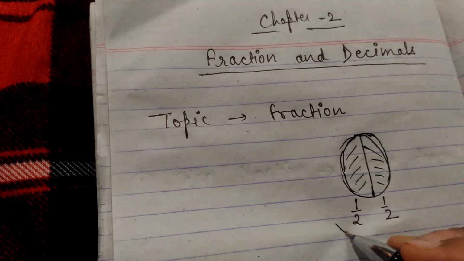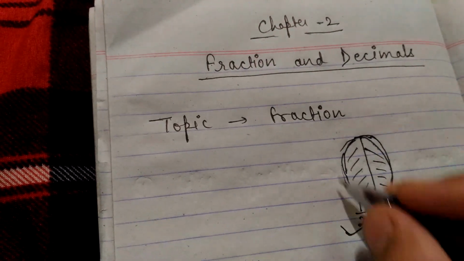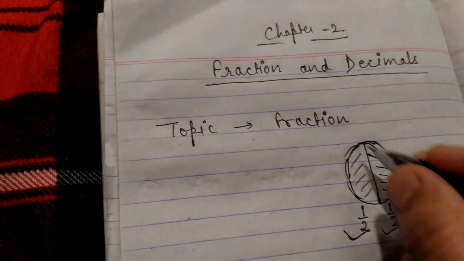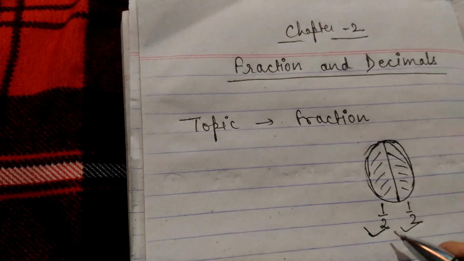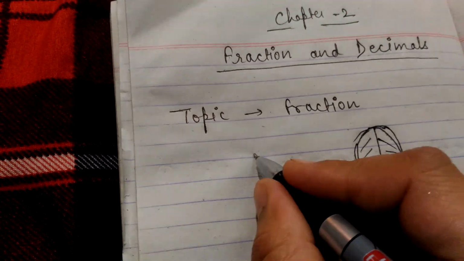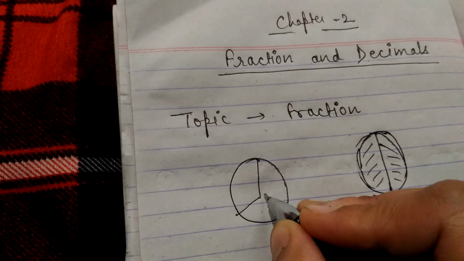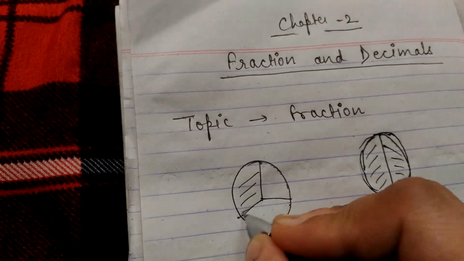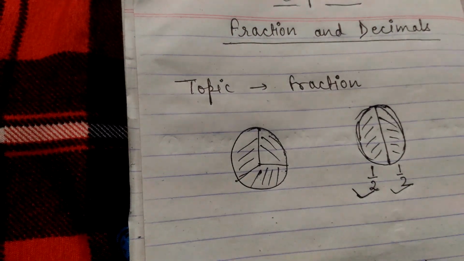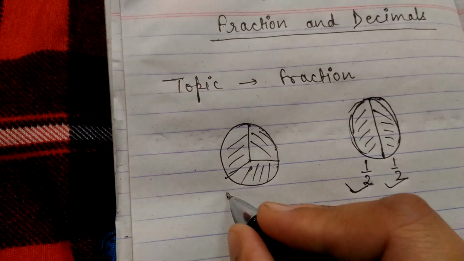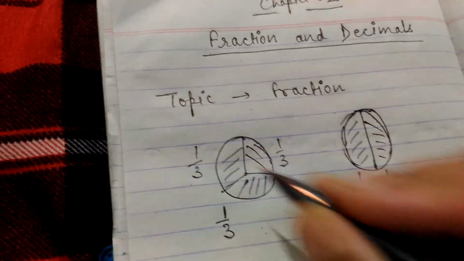It is a fraction, a part of a whole, two parts of one complete circle. Similarly, if I divide the circle into three parts, I can write 1 upon 3, 1 upon 3 and 1 upon 3.